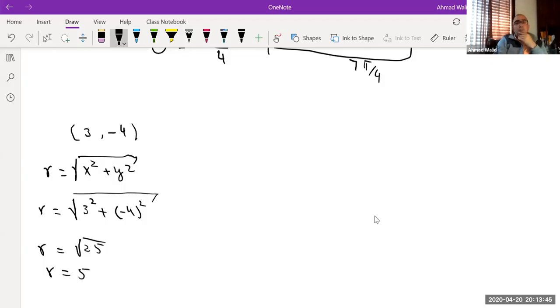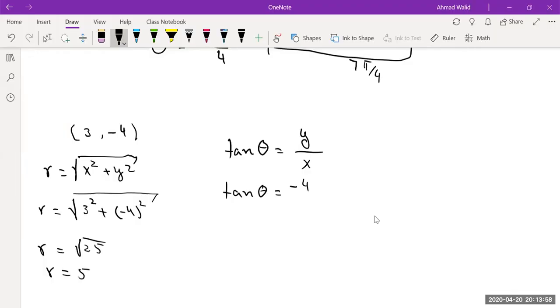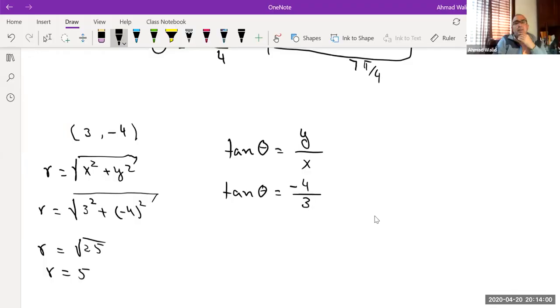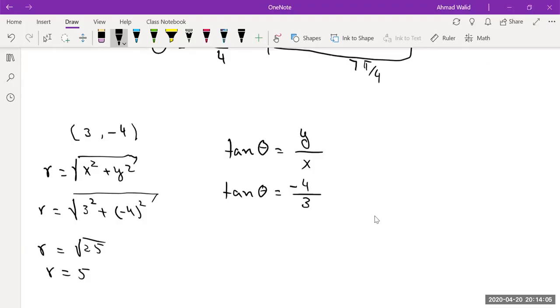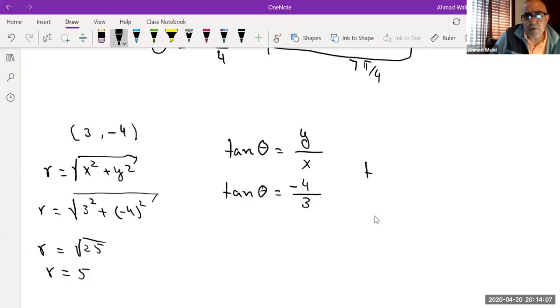Now, tan theta equals always y over x. It means tan theta equals -4 over 3. In some problems, I told you, if you use your calculator, if you use this button, inverse tan, it gives you an angle.